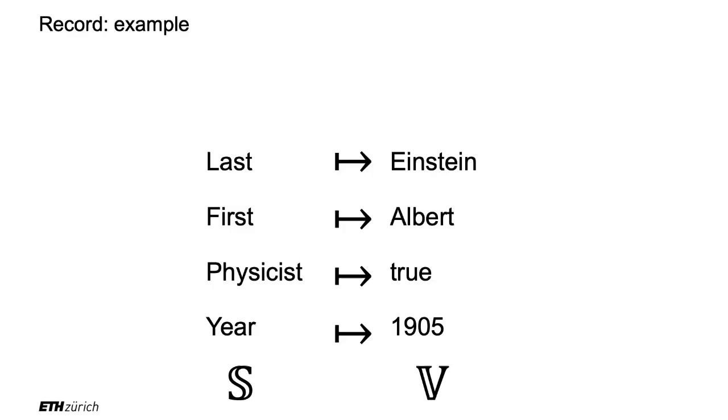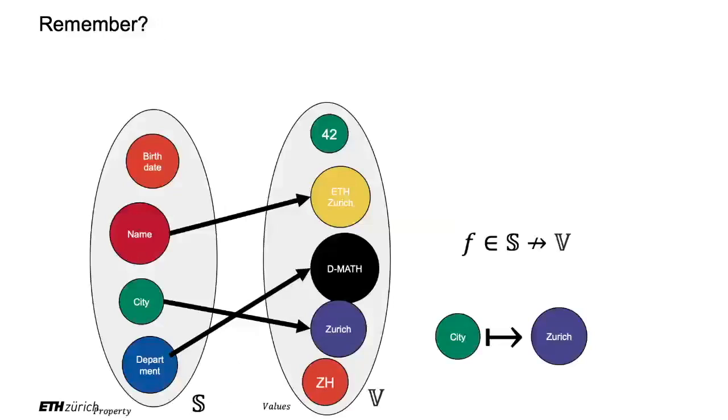Last is associated with Einstein, first with Albert, physicist with True, year with 1905. That is a map, right? It's a map from strings to values. It's a partial function, a map, because it doesn't map the other attributes, right? There's the attribute, for example, country, it's not in there, right? There's the attribute product ID, it's not in there, right? So this is a map. Some of the attributes get mapped to a value, 4 of them.